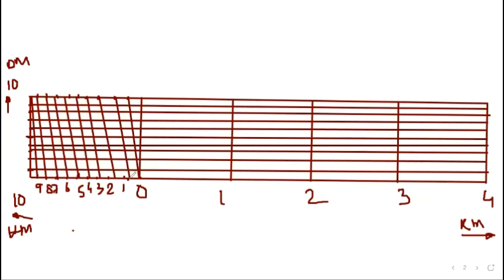From this 5 you draw a vertical line, and at 3 you draw a vertical line, and you get the 3.15 kilometer, like this.